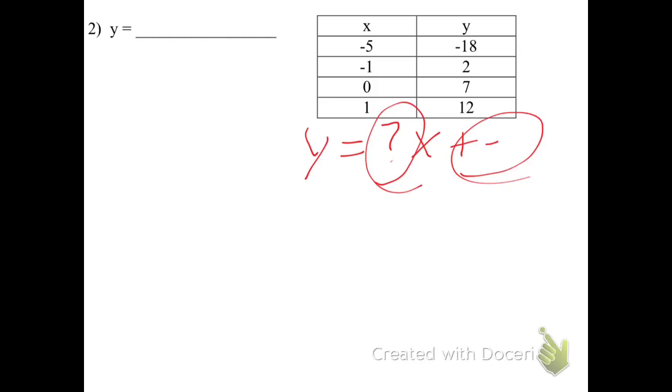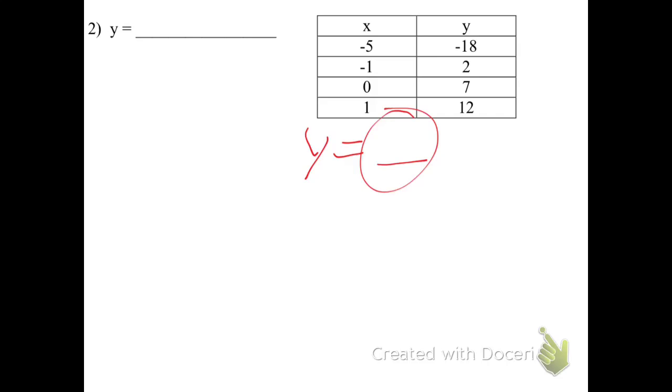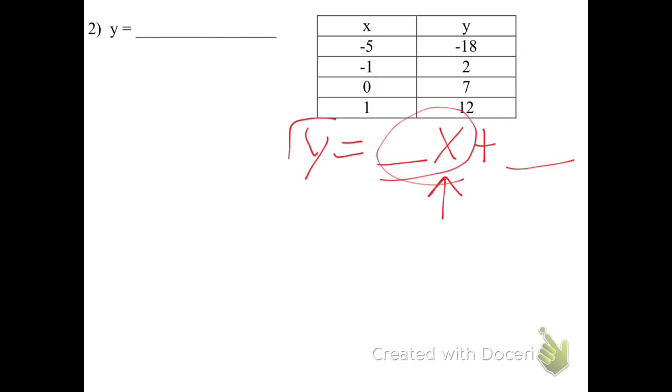Well, something that's going to be fairly helpful to you is that when you plug in 0 for x, it won't matter what's in front here. If you plug in 0 for x, this won't matter. That's going to be 0. And then you're left with just y equals this number.